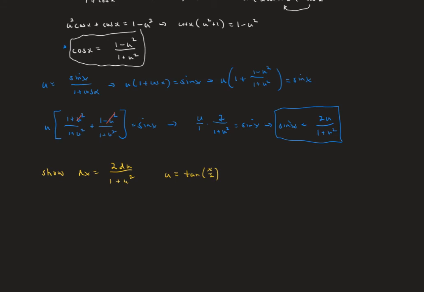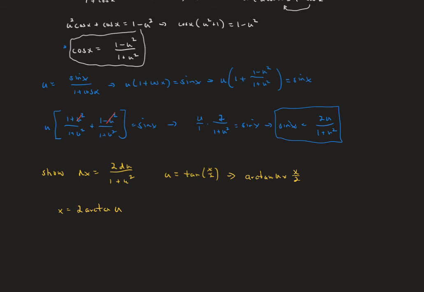If we solve for x, then the arctangent of u is x over 2, and that means that x is going to be 2 times the arctangent of u.